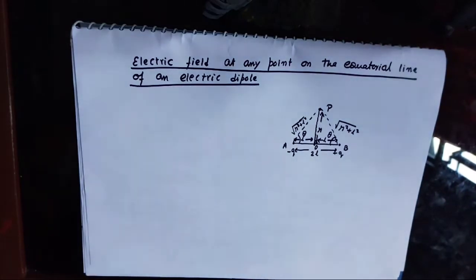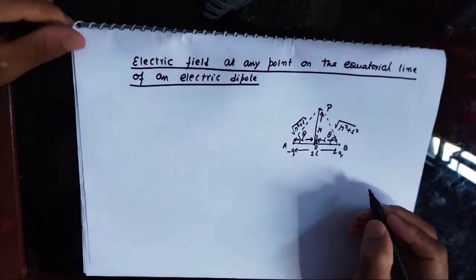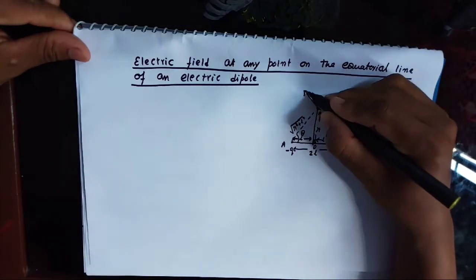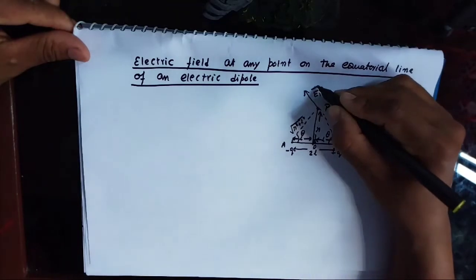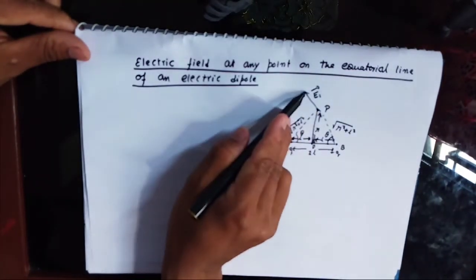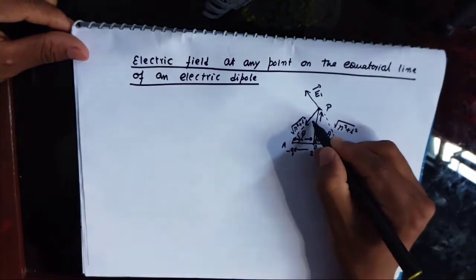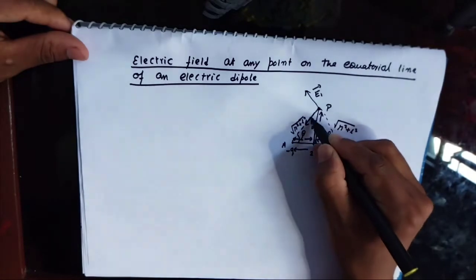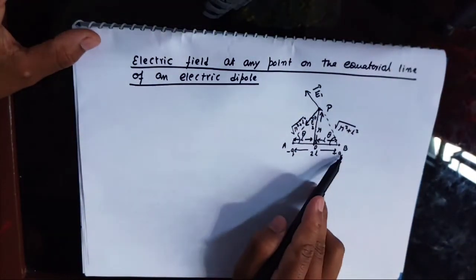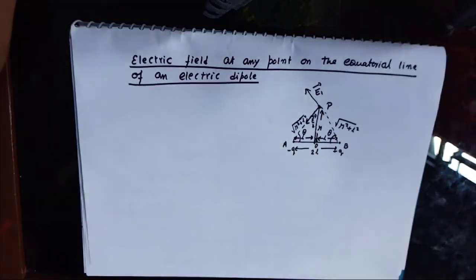Now, the electric field at the point P, say this one is E1, is the electric field at point P due to plus Q in this direction. And the electric field at the point P due to minus Q is in this direction, E2. E1 is due to plus Q, and E2 is due to minus Q.